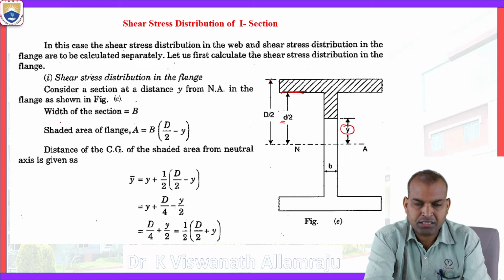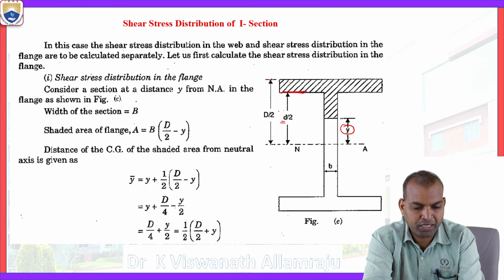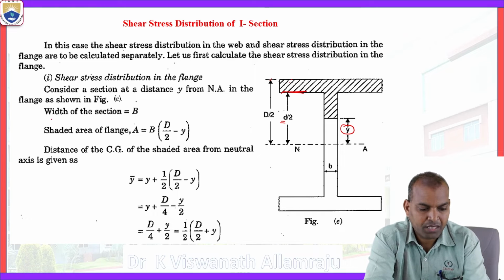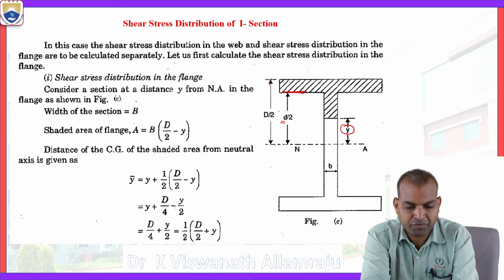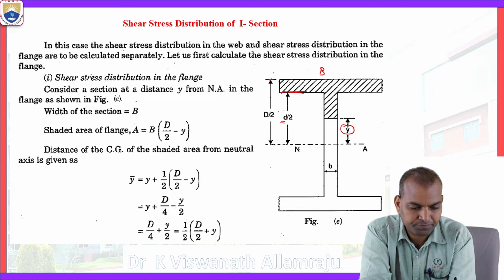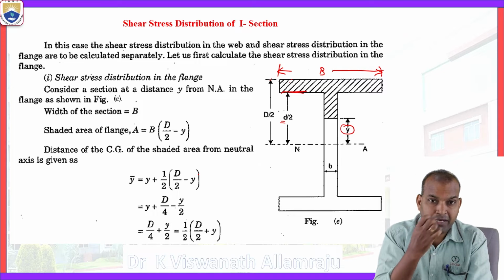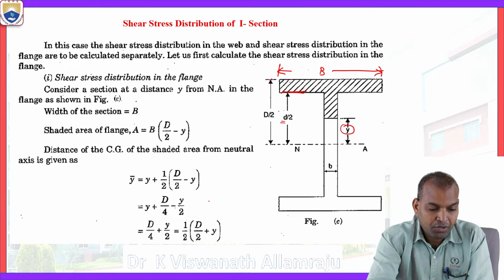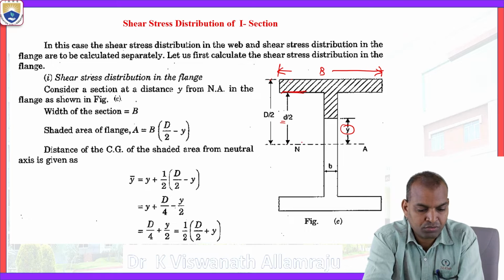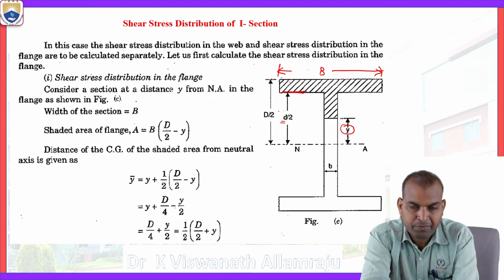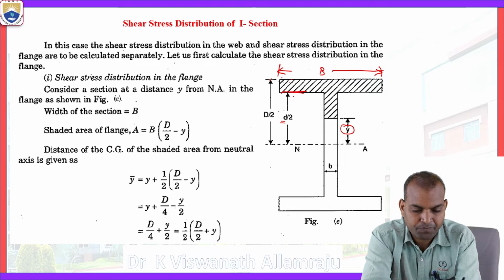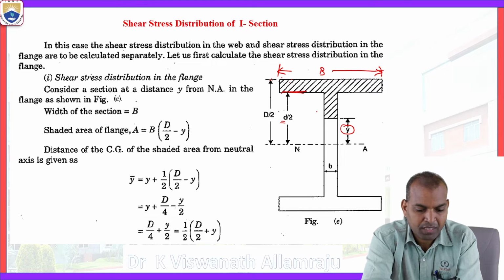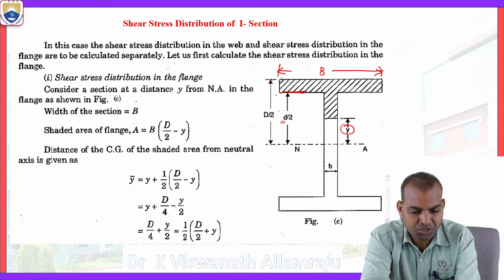Now, we considered a section at a distance y from the neutral axis in the flange. The width of the flange is capital B, and the width of the web is small b. The shaded area is capital B times D by 2 minus y.